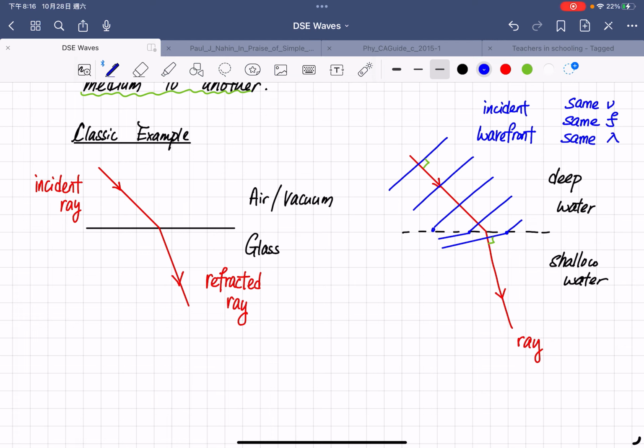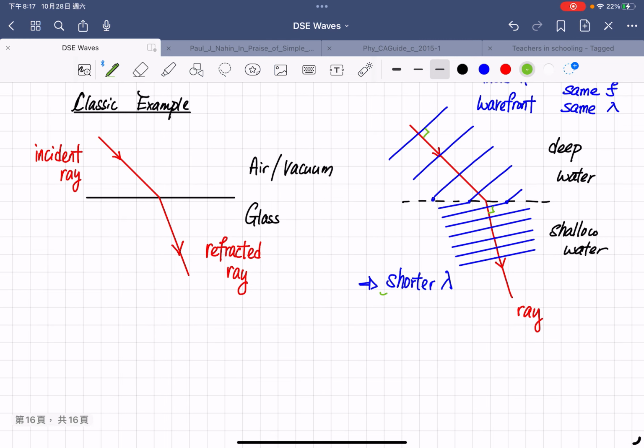So therefore, you see, automatically, the wavefronts in the second region will be closer to each other, having a shorter wavelength. So here, we have a shorter wavelength. And the important thing is we deduce it just based on two principles.